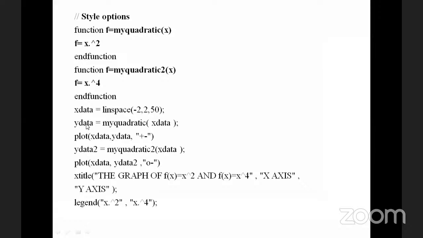Then I have used Y data, which is my quadratic in X data. I have plotted X data and Y data, and this plus sign shows the style of marker. So I will take another example later on to make this simple, instead of using this function.